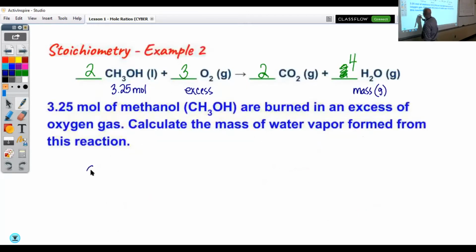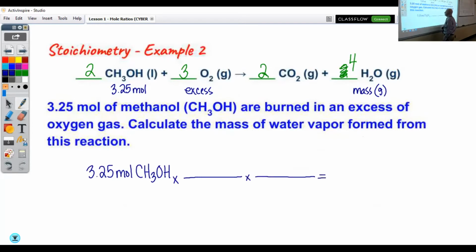So I'm going to start off with 3.25 moles CH3OH. Now, since we are in moles, the very first thing that we're going to do is we're going to use our balanced chemical equation to go from moles of methanol, CH3OH, to moles of water.